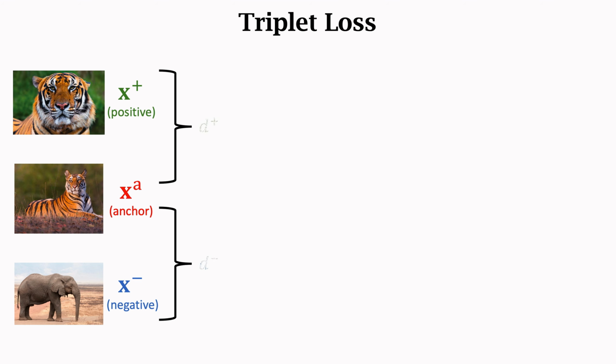Based on the idea we discussed, let's define the loss function. d_positive is the squared L2 distance between the positive sample and the anchor in the feature space.